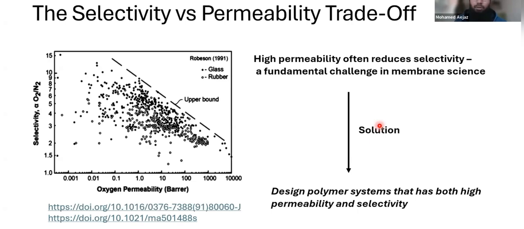The solution is you design polymer systems that can have both high permeability and selectivity. How do you do it, and what kind of materials and strategies are there? That's going to be the remainder of the talk. I'm going to show you how scientists and engineers have been thinking over the decades to develop materials that push towards both high permeability and high selectivity.